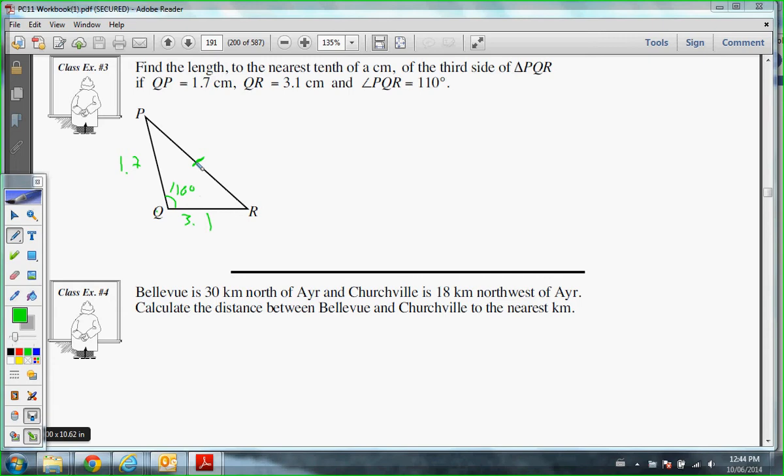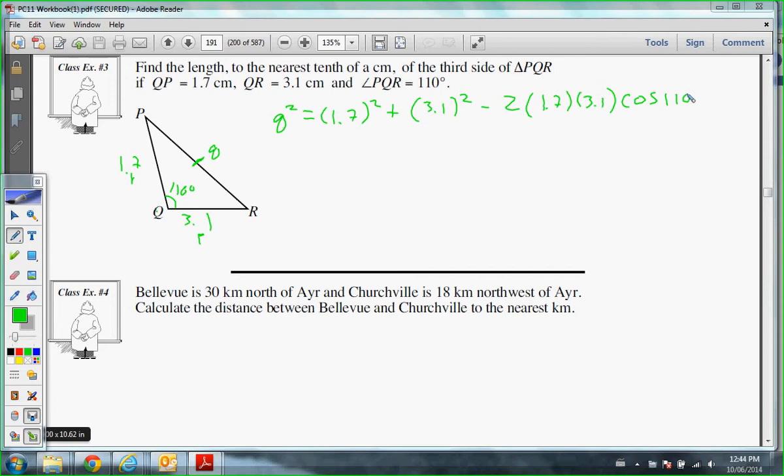Okay, we can't use sine law, because again, it's a side, angle, side relationship. So I'm going to go little q, this is my little p, and that's my little r. So we're going to go q squared equals 1.7 squared plus 3.1 squared minus 2 times 1.7 times 3.1 cosine of the angle, 110.